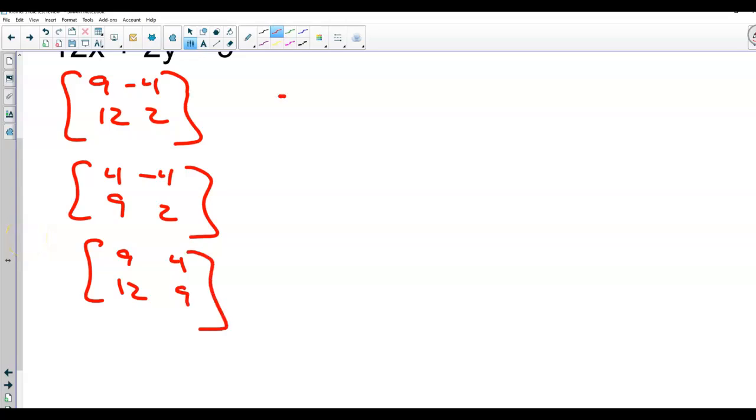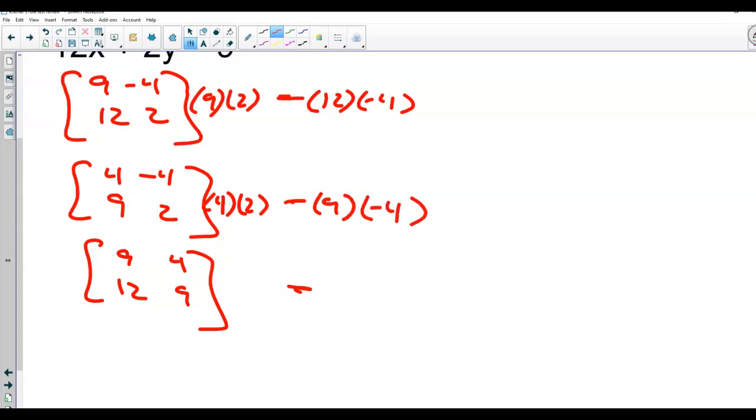So now I put my negative signs in. 9 times 2, 12 times the negative 4. 4 times 2, 9 times the negative 4. 9 times 9, 12 times 4.